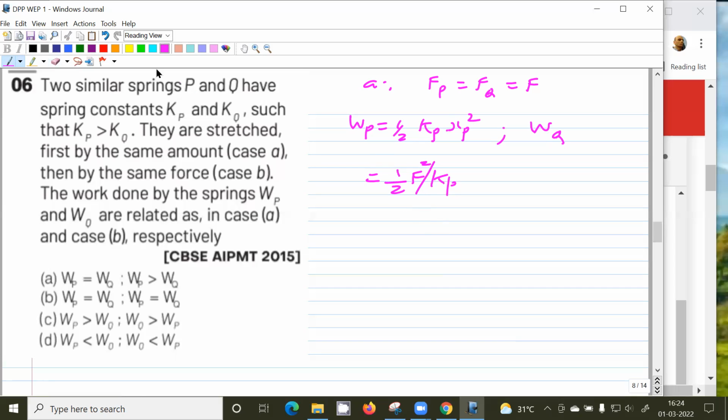And Kp is greater, right? So Wp is less than Wq in case A.